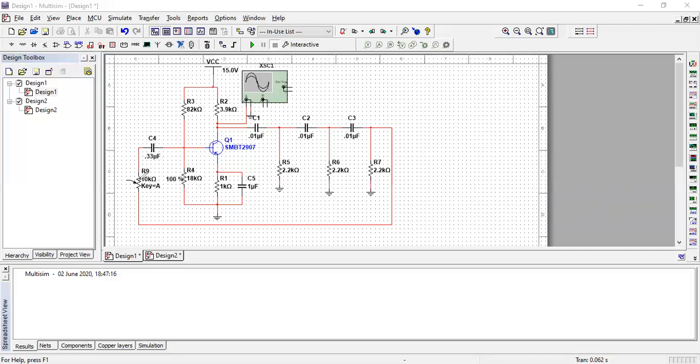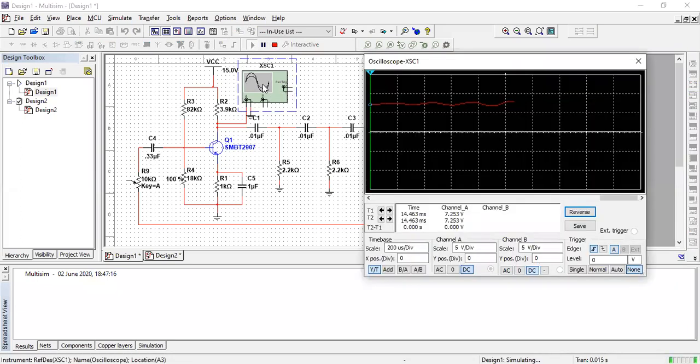The potentiometer is used to adjust and get a smooth wave at the output. So now we will run the circuit. Go to run and click here. So we are getting the output waveform.